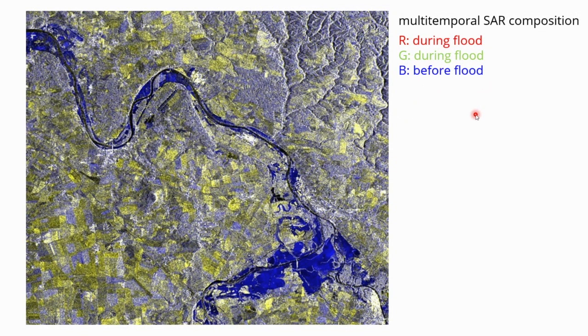So actually those parts are in fact flooded. Here, for a change, we have this black part, this black river. It means that it was black also before the flood. So it's not actually flooded. There is water, that's true, but it's not flooded. So we can easily identify parts of this area actually flooded.